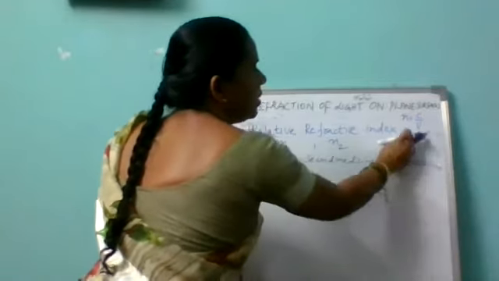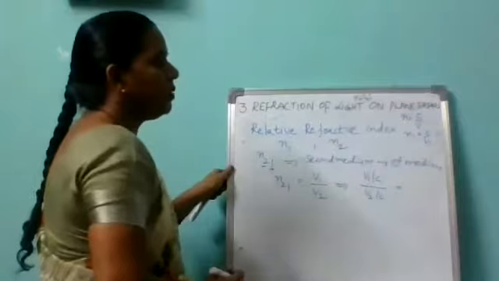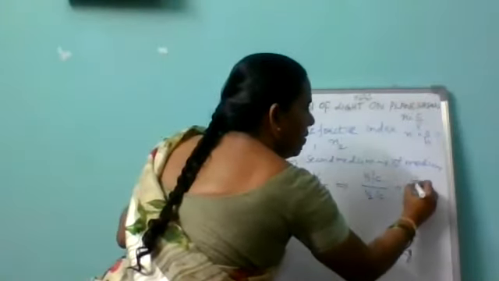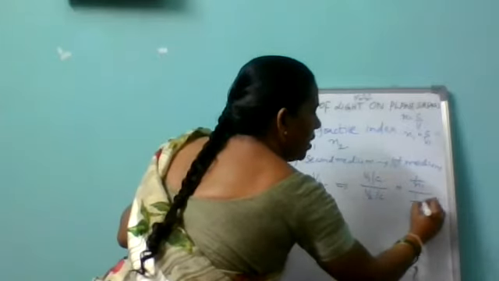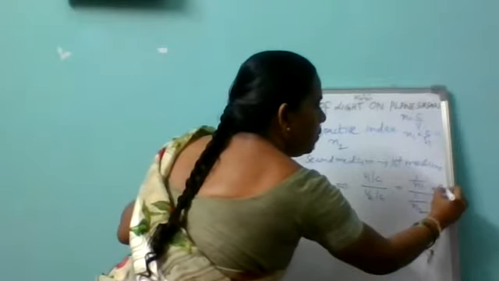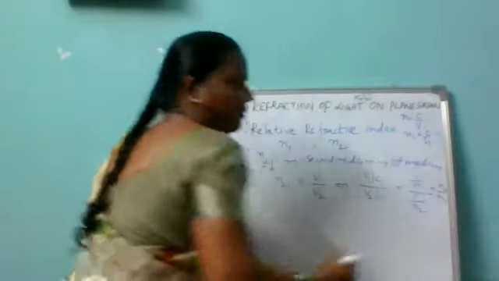Yes. So C by V1 ని రివర్స్ తిప్పేస్తే మనకు V1 by C అని రాయొచ్చు కదా. So 1 by N1 divided by 1 by N2, which is equal to N2 divided by N1.